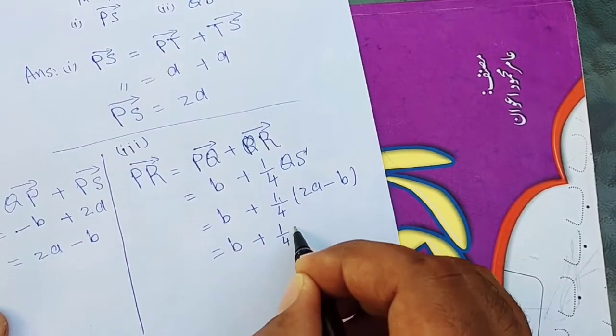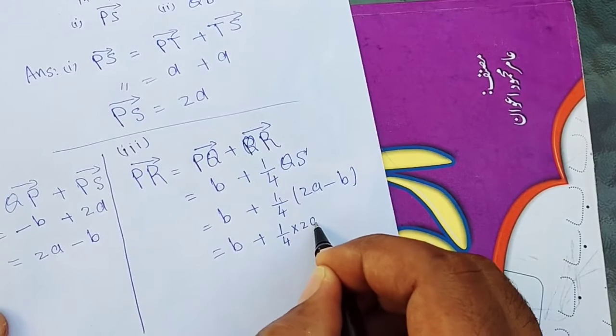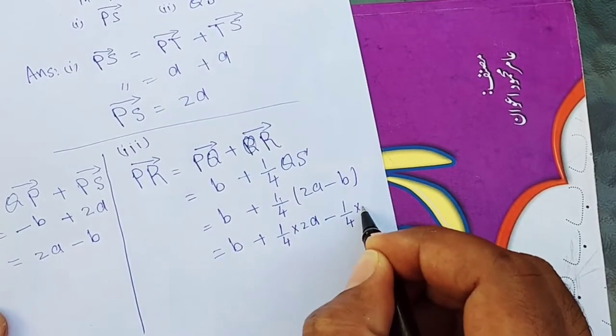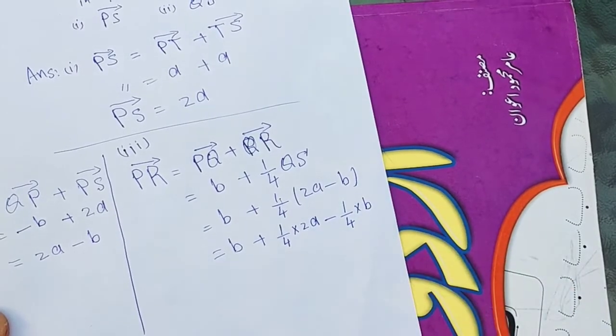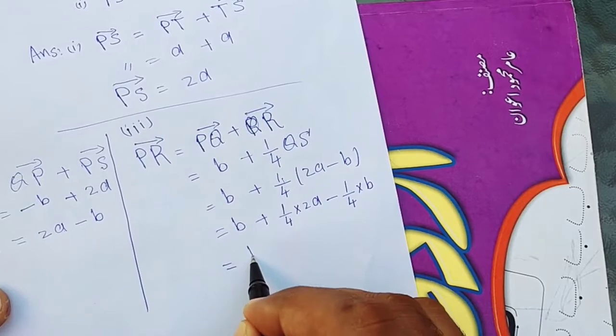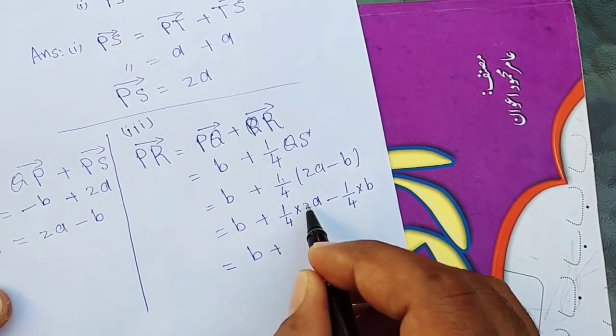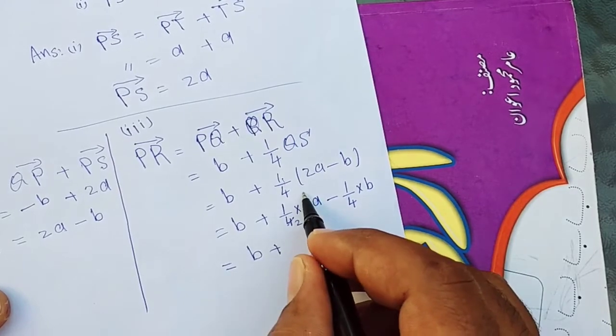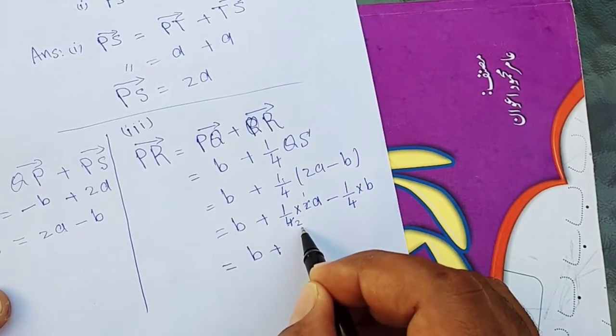1/4, let's multiply inside. 2A minus 1/4 multiply with B. B plus 2 can divide or cancel with 2. 1s are 2, 2 2s are 4.